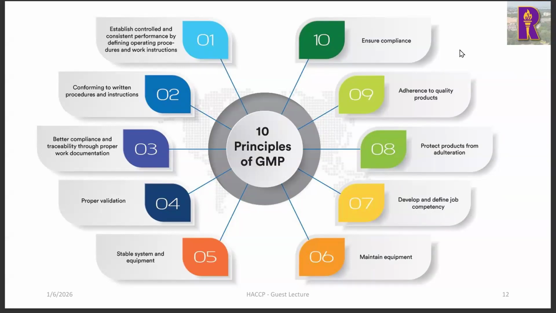Then comes the product or the process, which must be free from any adulteration, and it must undergo a proper quality check. And finally comes your validation and your compliance. Compliance is nothing but a final validation for any product or a process.